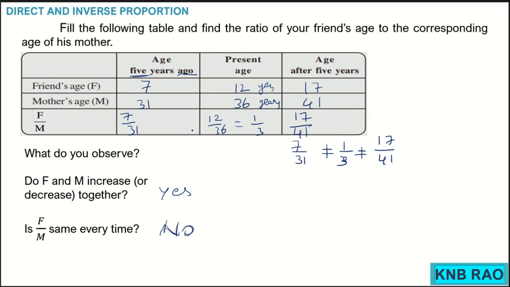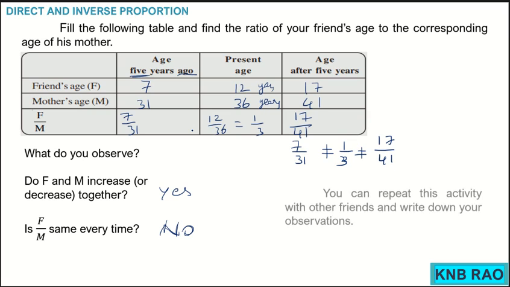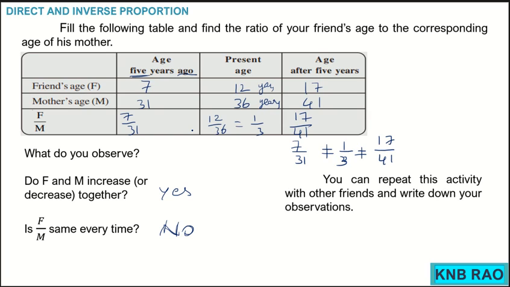So you can think of this sort of situation where both the quantities increase together or decrease together, but not in the same ratio. Therefore we say they are not directly proportional. You can think of some other examples on your own and write them down.